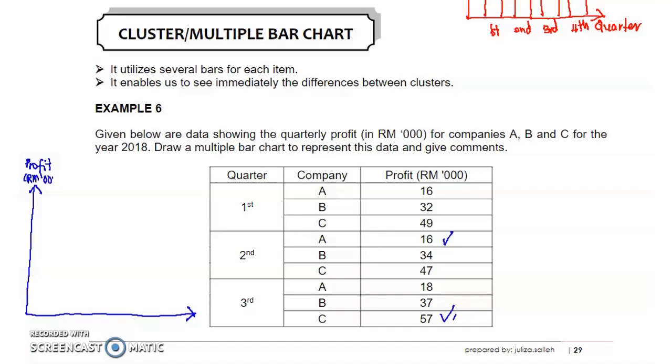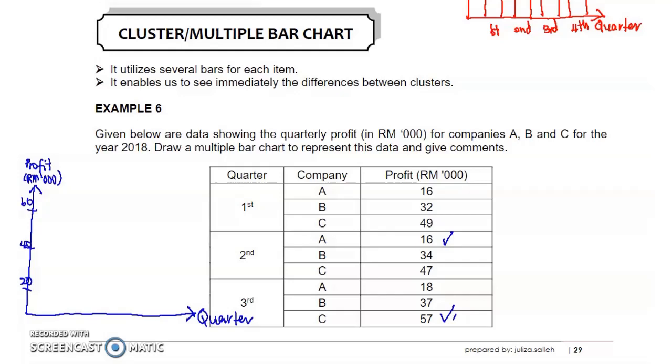That one gets marks. Here, you can put either quarter or company. Let's say I want to compare by quarter. So the cluster will be the company. Scale of 20, let's say I put here 20, 40, 60.